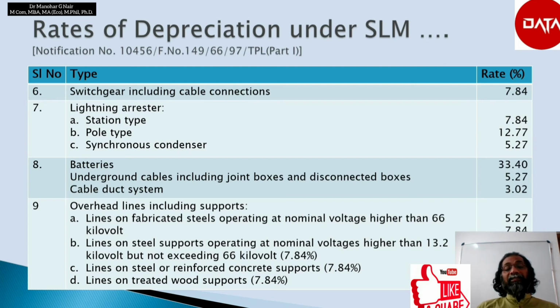Lines of steel supports operating at nominal voltage higher than 13.2 kilovolt but not exceeding 66 kilovolt, it is 7.84 percent. Lines on steel or reinforced concrete support, it is 7.84 percent. Lines on treated wood support, this is also 7.84 percent.